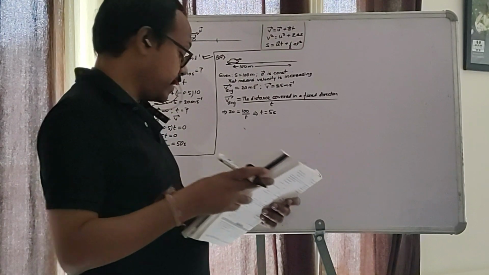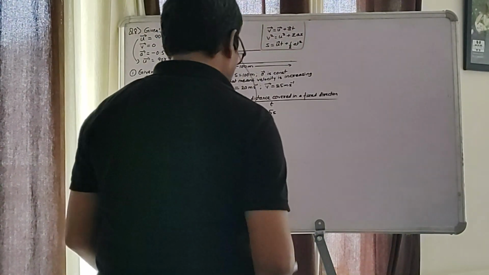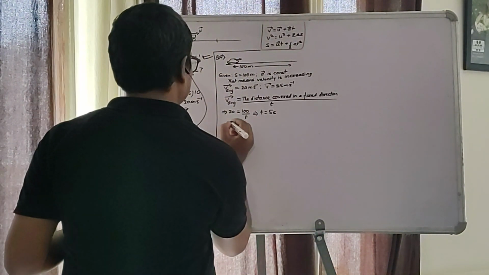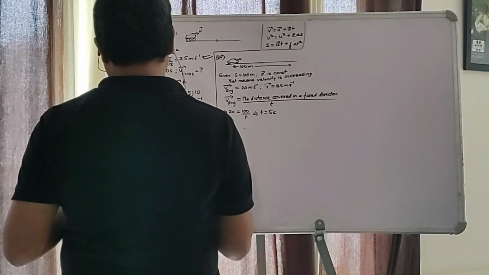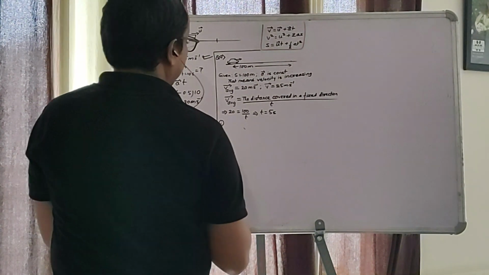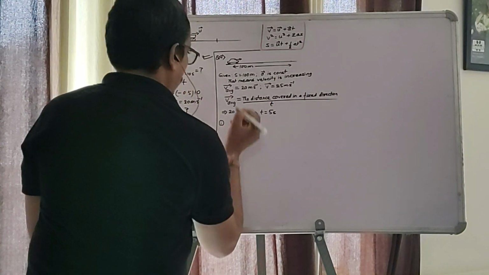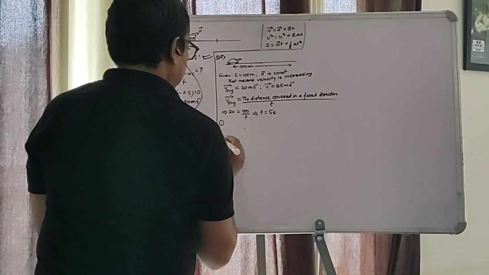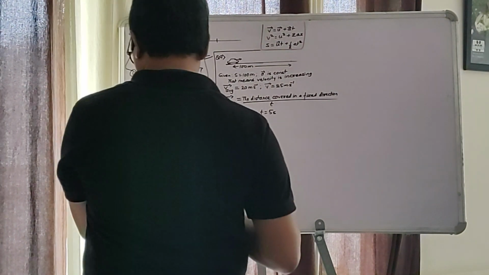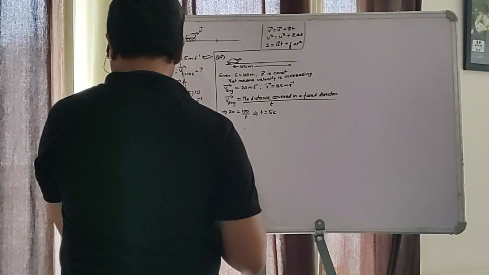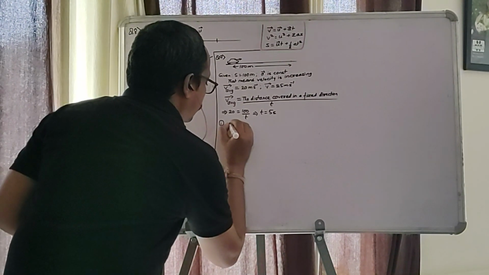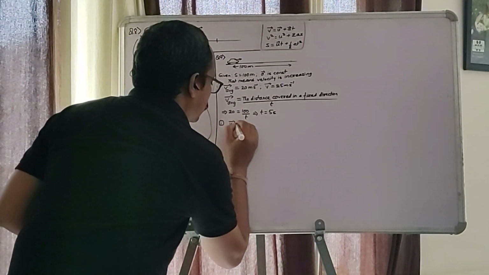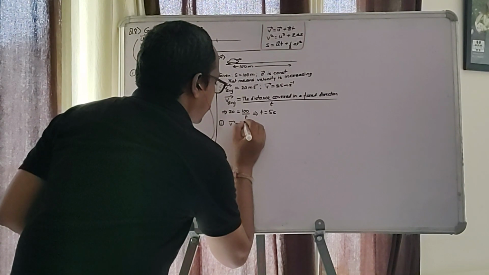So let us see what is being asked. It is being asked to find the initial velocity. What is initial velocity? U we have to find out. So here we will apply the V equal to U plus AT concept.